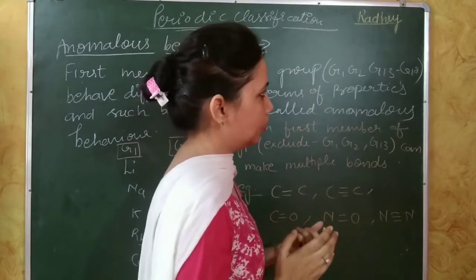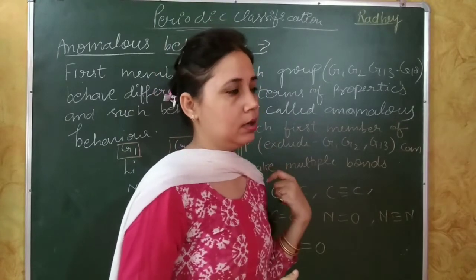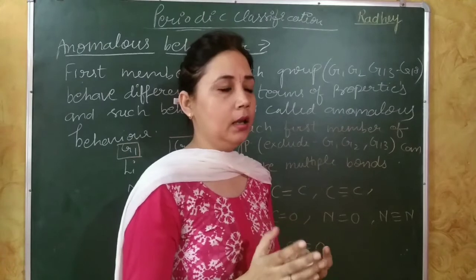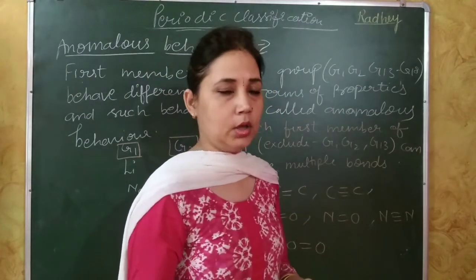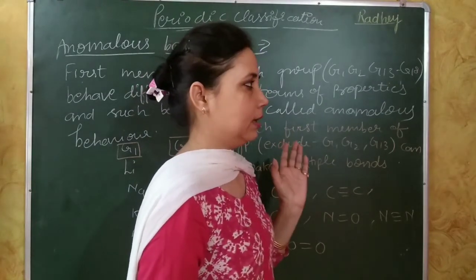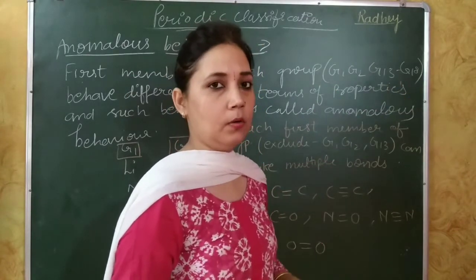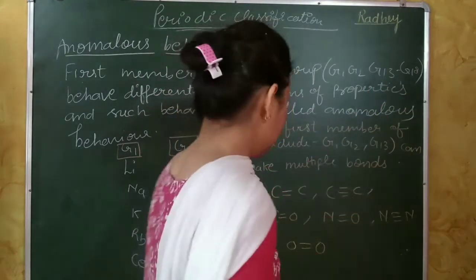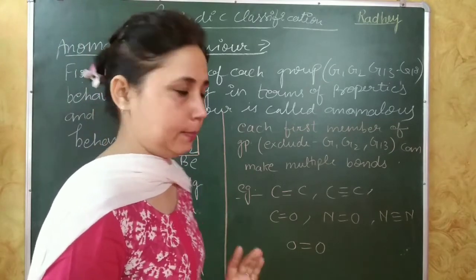We are excluding the D block and F block elements from here because we will study these blocks in detail in class 12, and their behavior is different from the behavior of these groups. So we are now talking about only these groups.